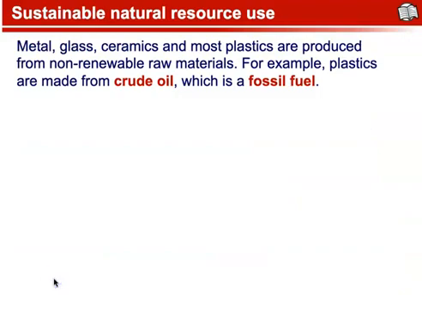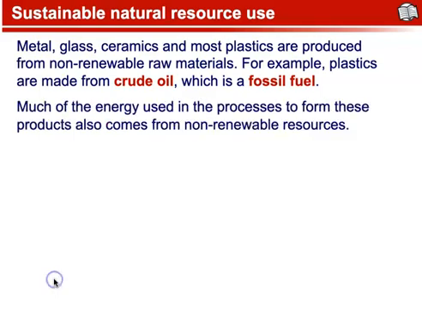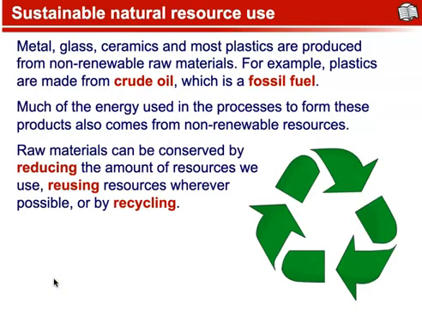Sustainable natural resource use. Metal, glass, ceramics, and most plastics are produced from non-renewable raw materials. For example, plastics are made from crude oil, which is a fossil fuel. Much of the energy used in the processes to form these products also comes from non-renewable resources.